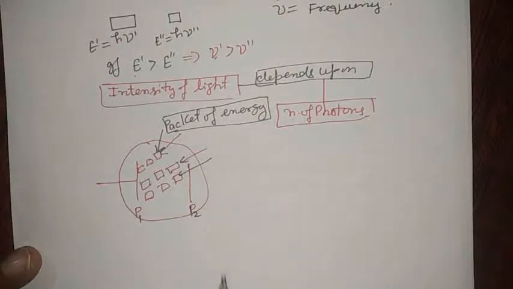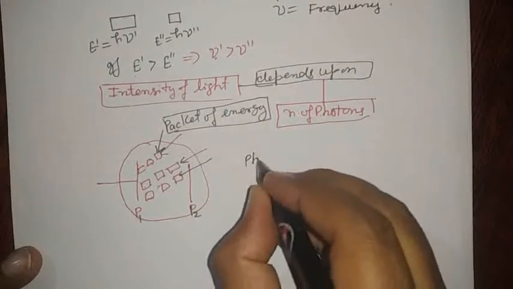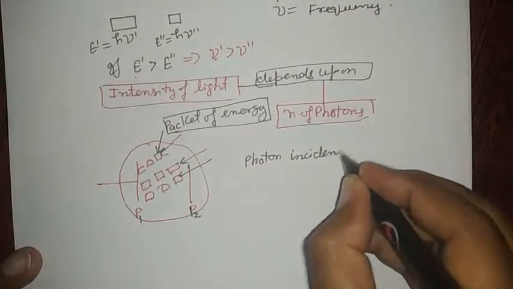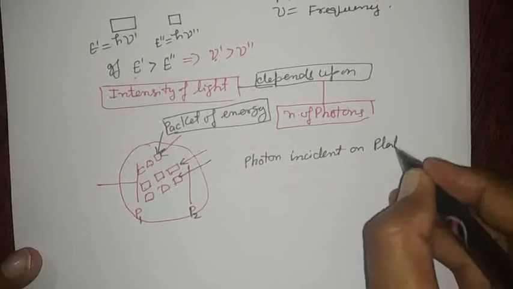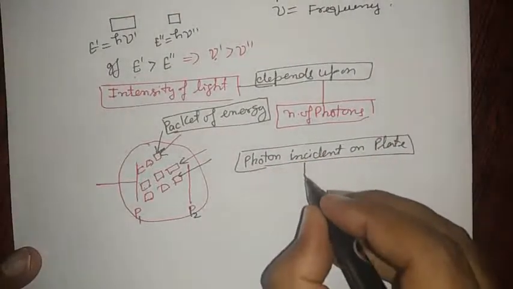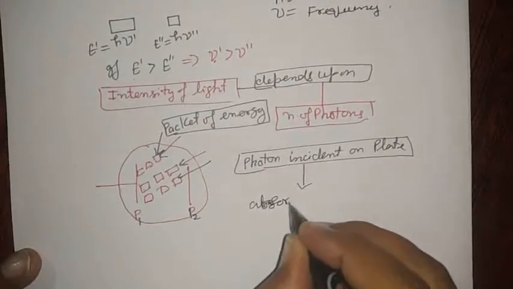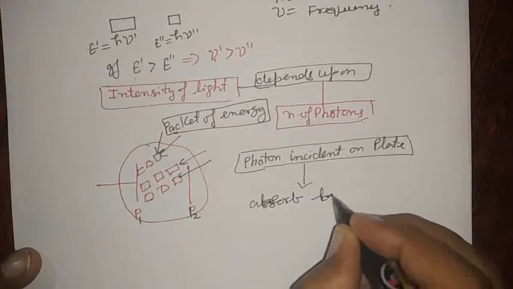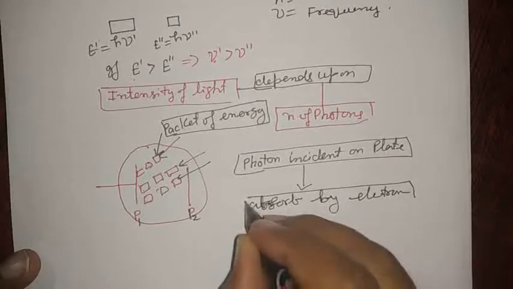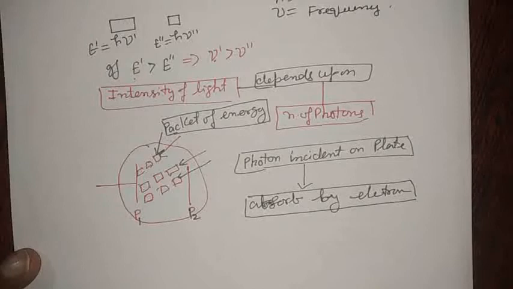When this quanta or photon is incident on the plate, see what happens. It is absorbed by an electron. One electron absorbs one quanta.